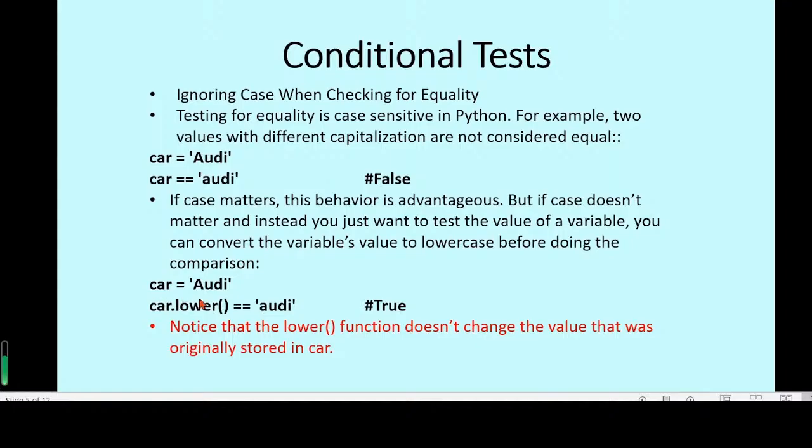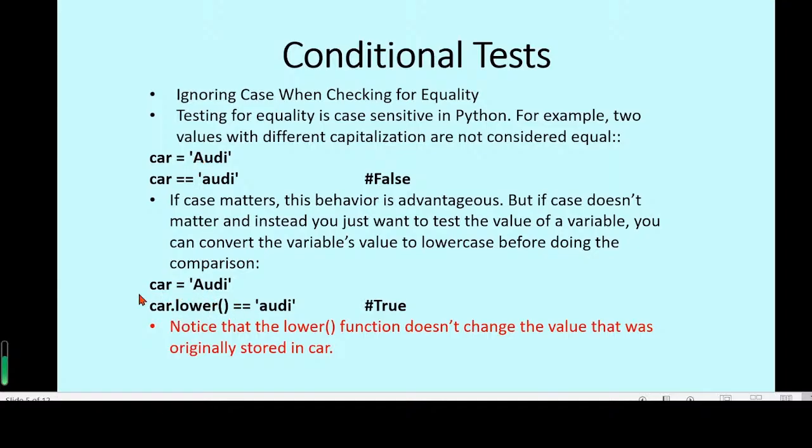So we again assign the value Audi in title form to car. Then we check the condition if the value is equal to audi in lowercase, but before we run this double equal sign, we add car.lower to transform the car's case to lower before we do the condition test. Notice that the lower function doesn't change the value that was originally stored in car. So the car's case is still Audi.